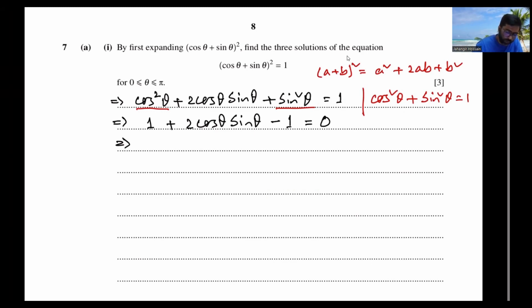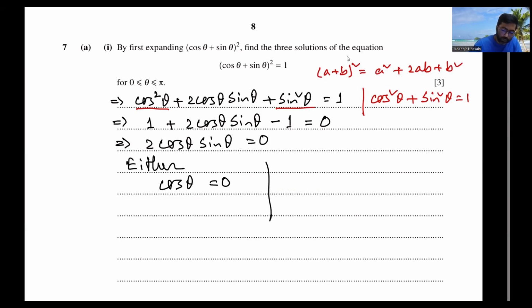So we have the final equation 2 cos theta sin theta equal to 0. So either cos theta equal to 0 or sin theta equal to 0.